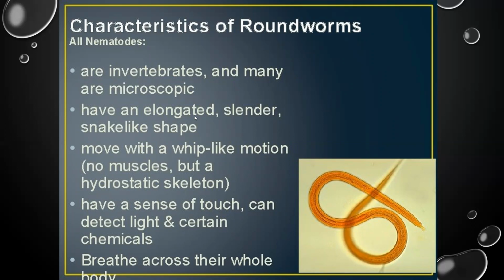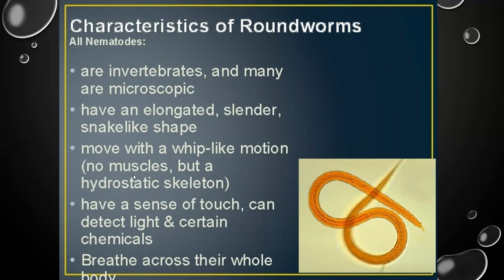They have an elongated and slender, snake-like shape. Elongated means long. Elongated and slender, very thin, like a snake shape. What else? They move with a whip-like motion. They have no muscles but a hydrostatic skeleton.